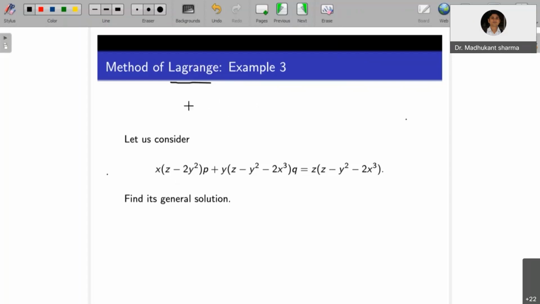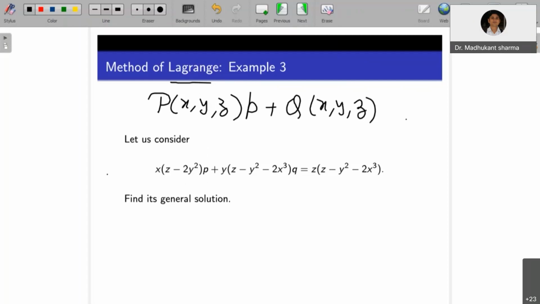So we have the form of capital P of x comma y comma z, small p plus Q of x comma y comma z times q is equal to R. And I hope you understand what this bracket x comma y comma z means: they could possibly be functions of x, y, and z variables.